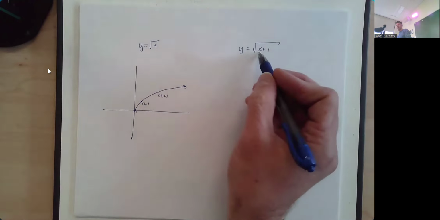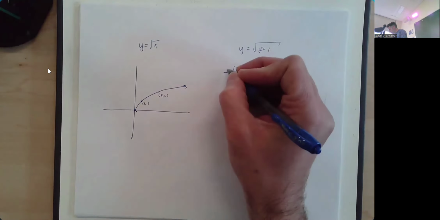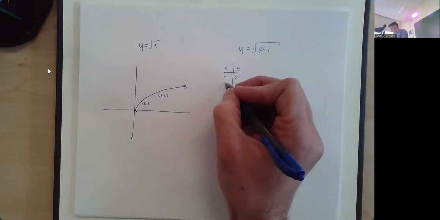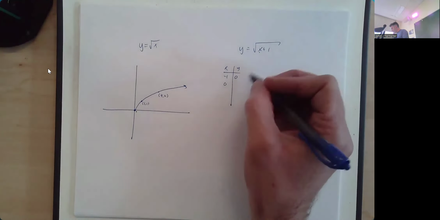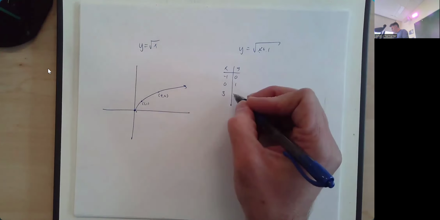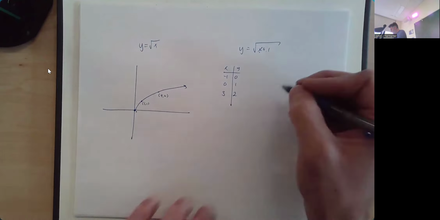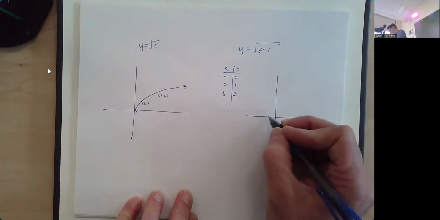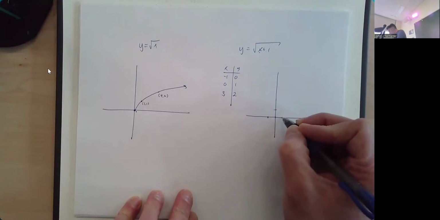Because if x is negative 1, then y is going to be the square root of 0, which is 0. And if x is 0, y is going to be the square root of 1, which is 1. If x is 3, y is going to be the square root of 4, which is 2. So all of these points are all of those points, but moved 1 to the left.